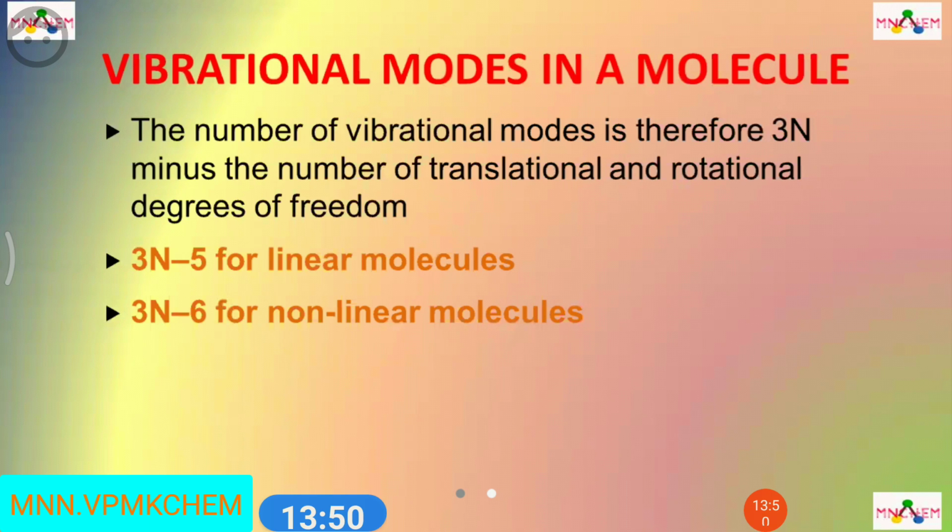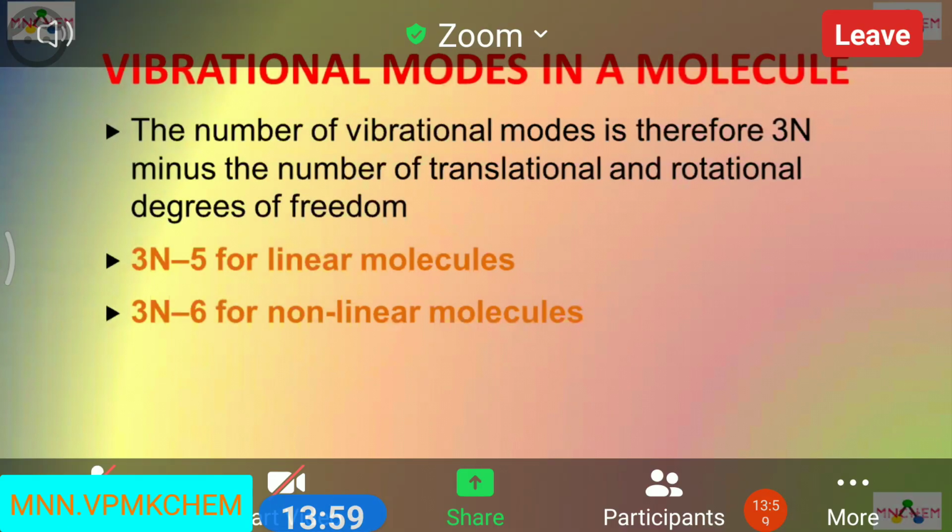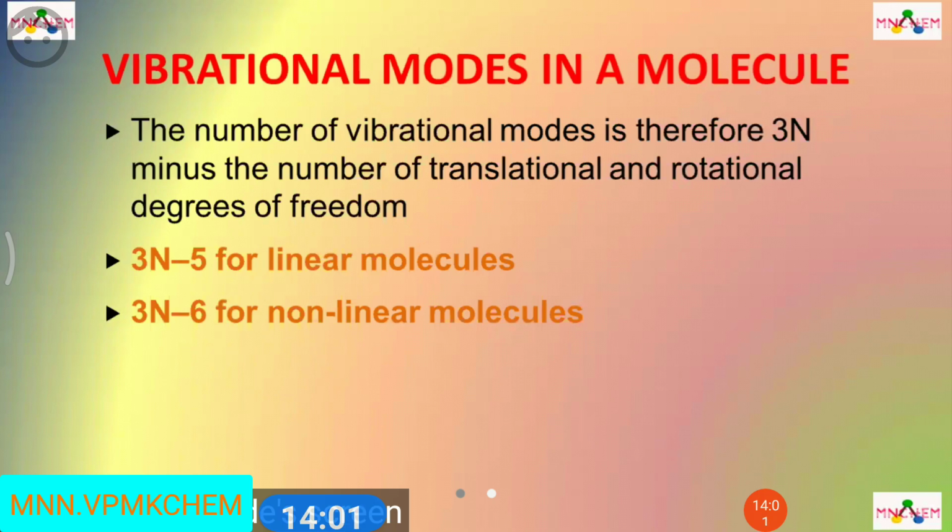And that for a non-linear molecule can be calculated using 3n minus 6. So for a molecule like water, which also has 3 atoms, 2 hydrogen and 1 oxygen, n is equal to 3. So 3 into 3, 9 minus 6, gives 3 fundamental modes of vibration.